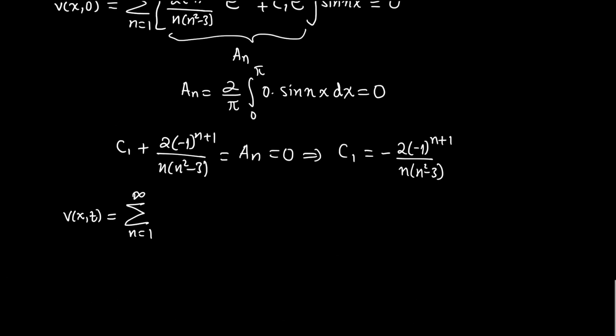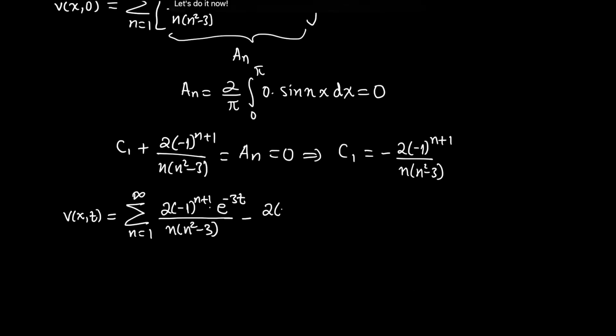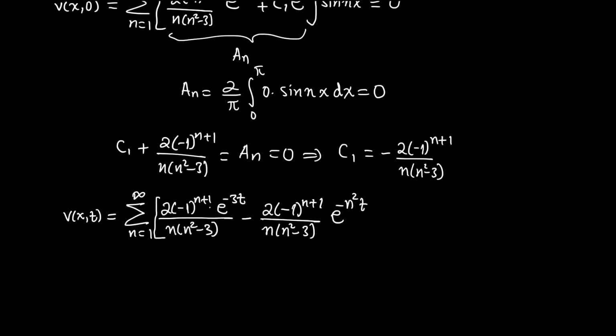I can write 2 times (minus 1 to the n plus 1) e to the minus 3t divided by n squared minus 3, and then minus, which is c1, c1 is minus 2 times (minus 1 to the n plus 1) divided by n squared minus 3. c1 is multiplying e to the minus n squared t, sine of nx.